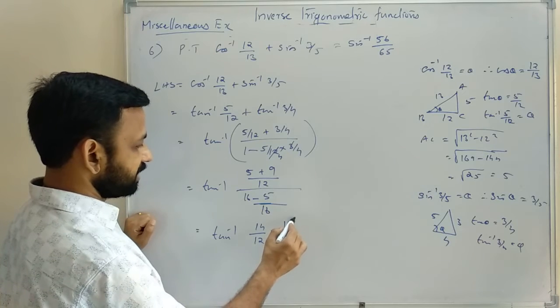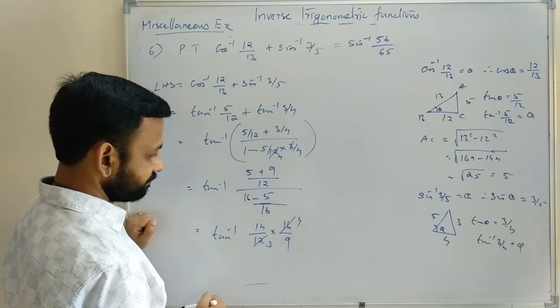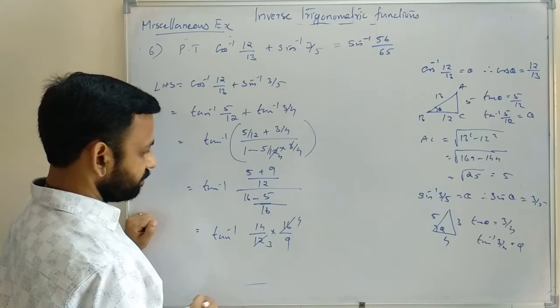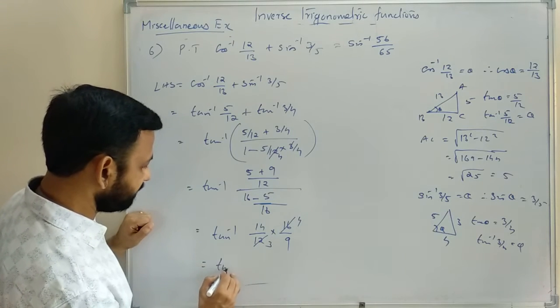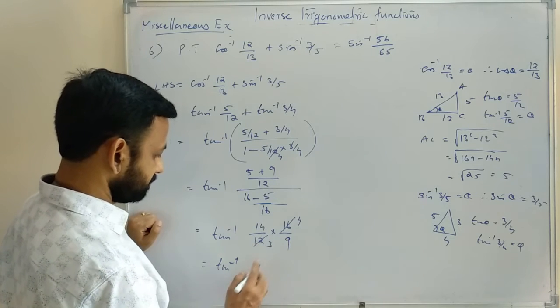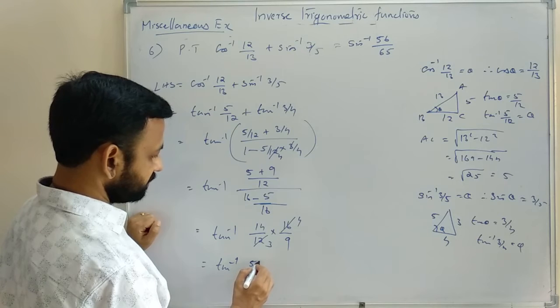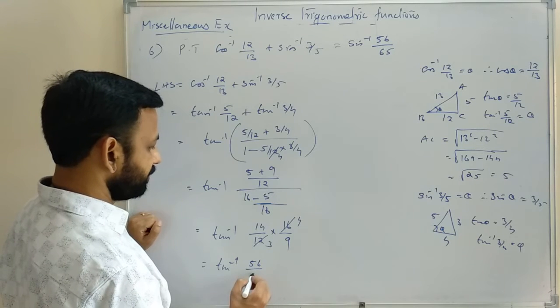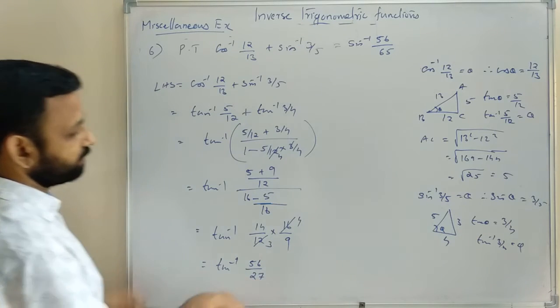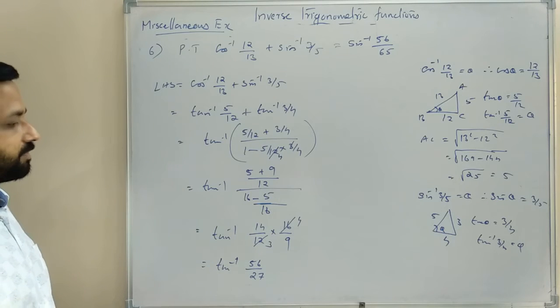Then we can cancel the 4s and 3. So we will get tan inverse 14 into 4, 56 upon 27. That is tan inverse 56 upon 27.